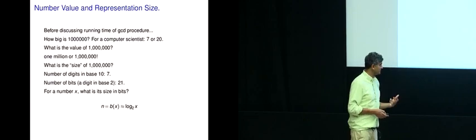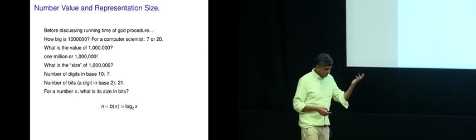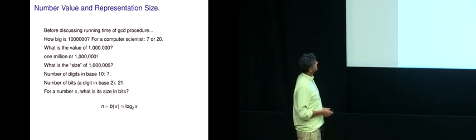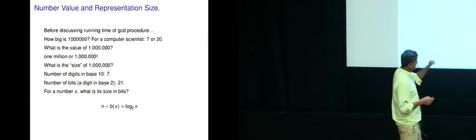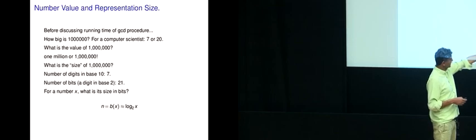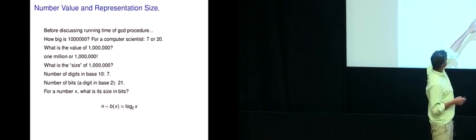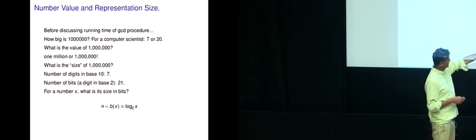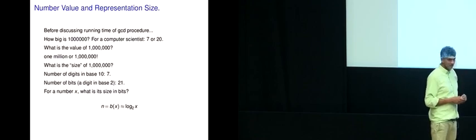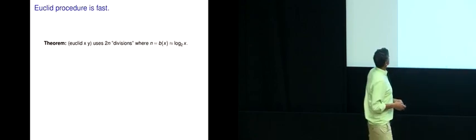There's roughly 10 bits per 1,000, because 1024 is 2 to the 10th. So log base 2 of x is just the exponent. 1,000,000 is roughly 2 to the 20, so you take the log, and that's 20.